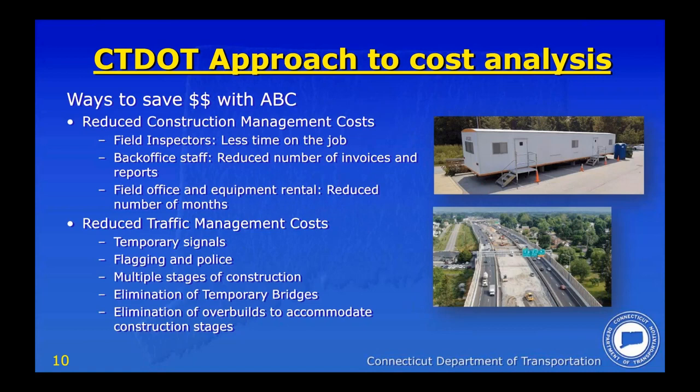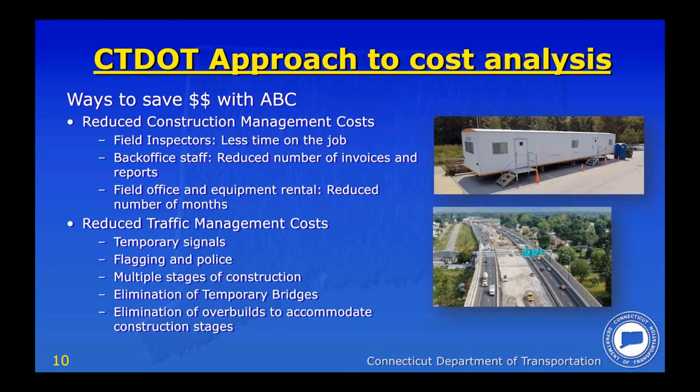This is real money, and it could actually sway a decision from a dollar value alone on whether ABC is actually cost savings on a job, or break even, or maybe slightly more expensive on a project. But it's real dollars that the department spends. If we can save a year on a job, that could amount to more than $500,000.